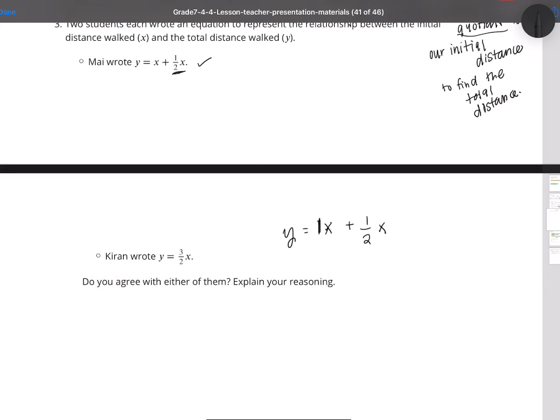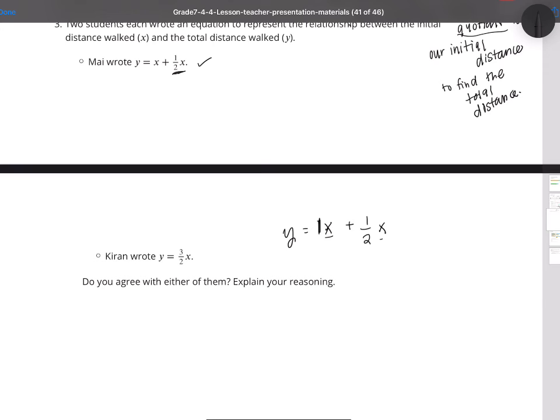So I want to combine these like terms. What is a like term? I know you guys didn't learn about this just yet. A like term has the same variables and the same exponents, but we didn't get into exponents. These have the same variable, so I could combine the two.